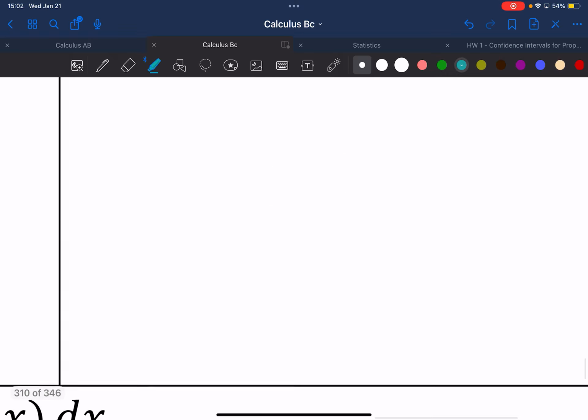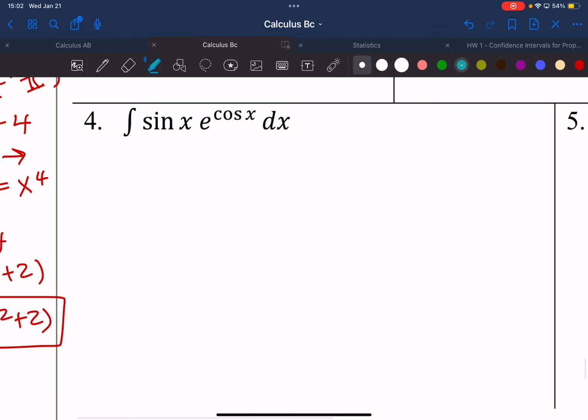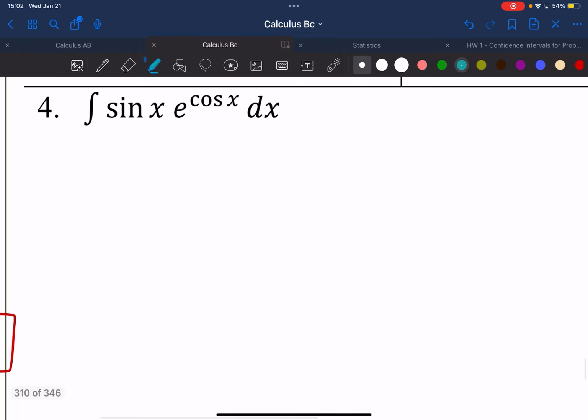Now let's look at number 4. Number 4, we now have trig functions. Not too bad. These are still our A-B stepping stones, right? I would say this is a little bit harder just because it's a trig function, but not super hard. So for this one, do we have an inside function?